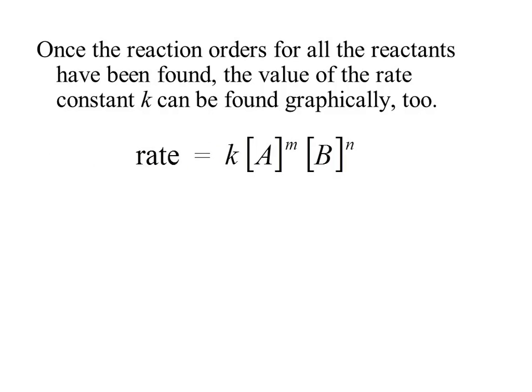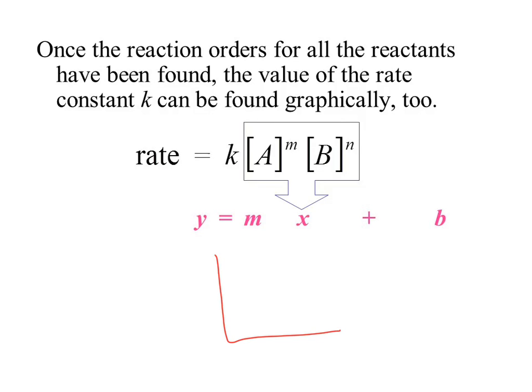For our last graph, we are going to plot along the x-axis, for each trial, the molar concentrations of everything raised to now their known reaction orders. That's going to be along your x-axis, and just regular rate, not natural log, but just regular rate along your y-axis. And the slope will be equal to k.